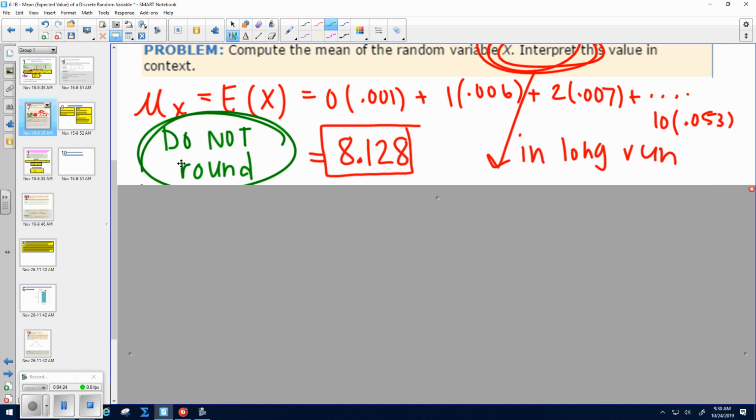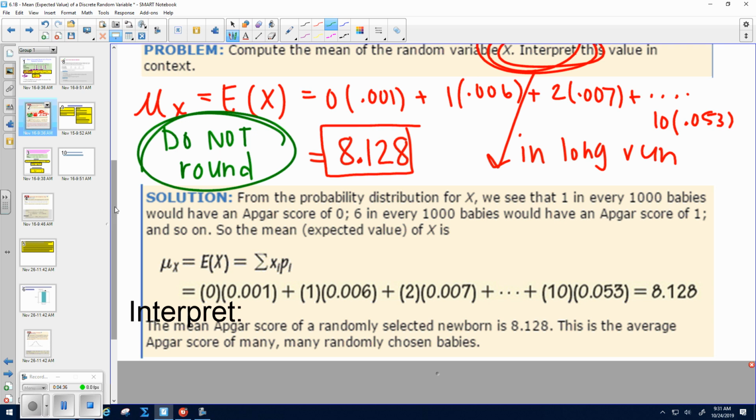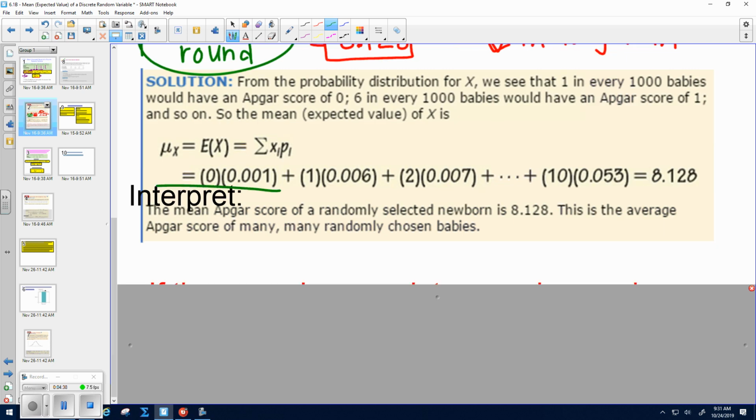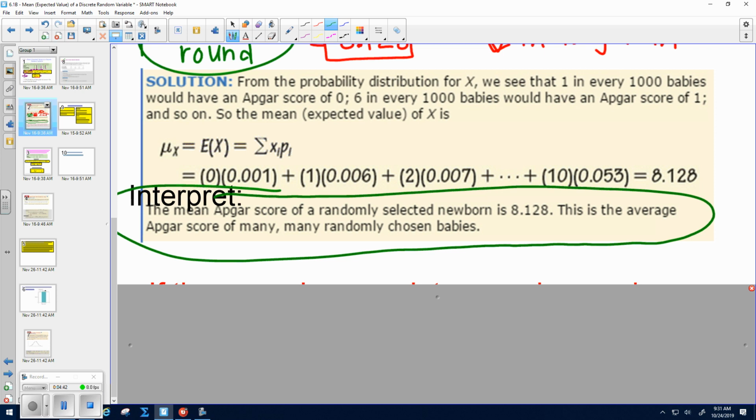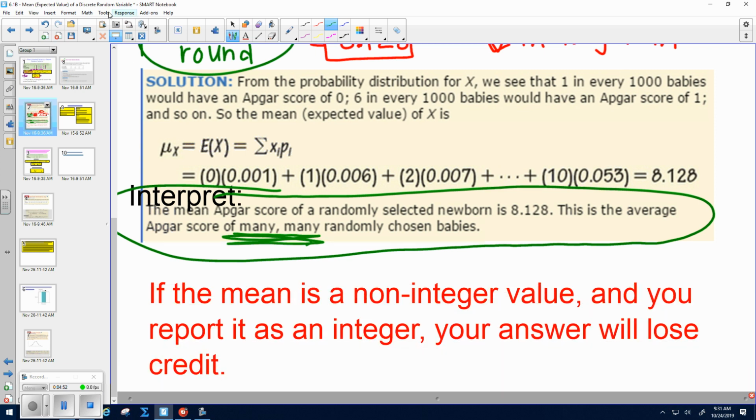They don't have it like in calculus, where it has to be 3 decimal places, but you cannot round to an integer value on this. You have to show that it's a decimal. So how they interpreted it, just to show you: the mean APGAR score of a randomly selected newborn is 8.128. This is the average APGAR score of many, many randomly chosen babies. There you go. Don't do an integer.